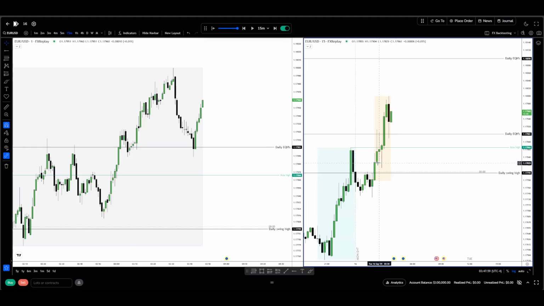Or you could say these are equal lows get taken. So maybe in that case you could draw it like this, and in that case it makes more sense, right? Because daily equal lows, equal highs are now in discount, and also the fair value gap lines up with the 50%. So that's nice. So then we see this reaction.